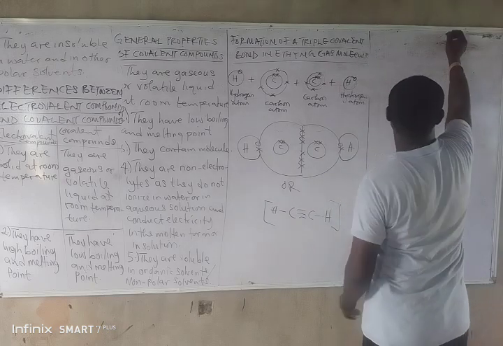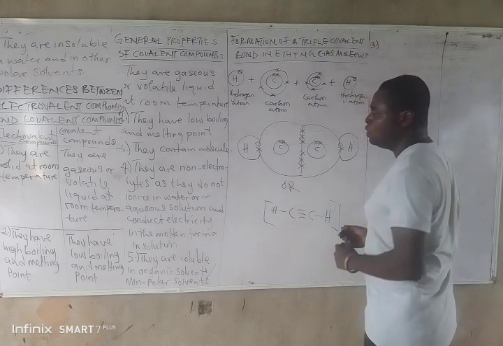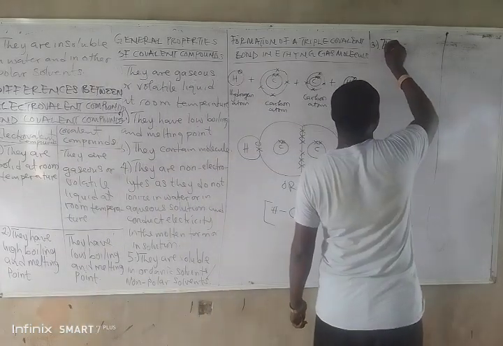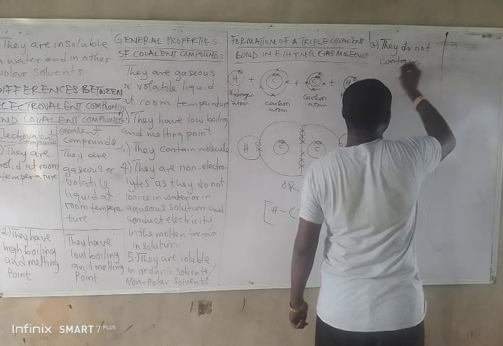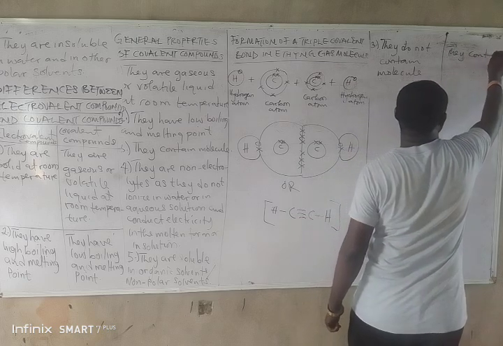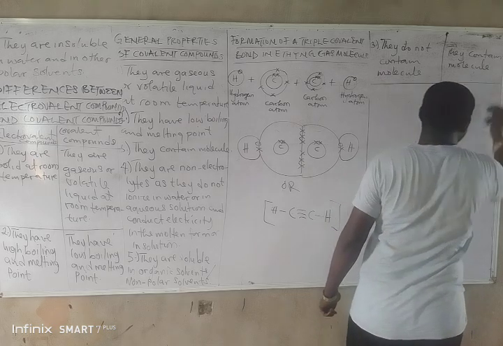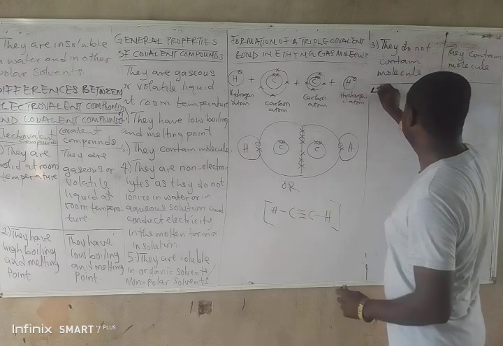Number 3 now. We say these ones contain molecules. Electrovalent compounds do not contain molecules, but covalent compounds contain molecules.